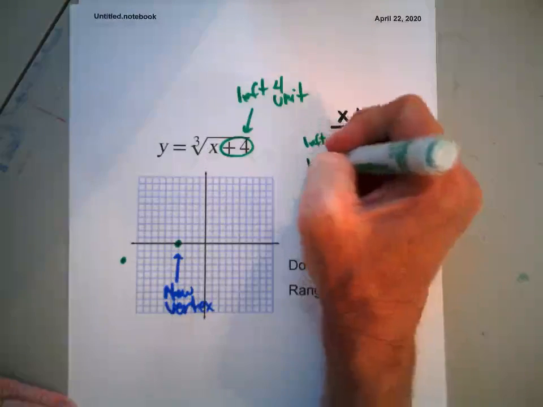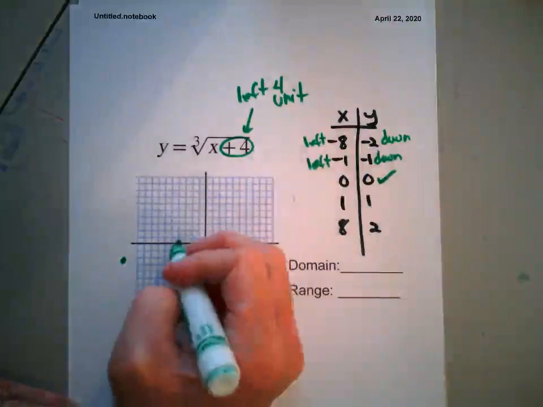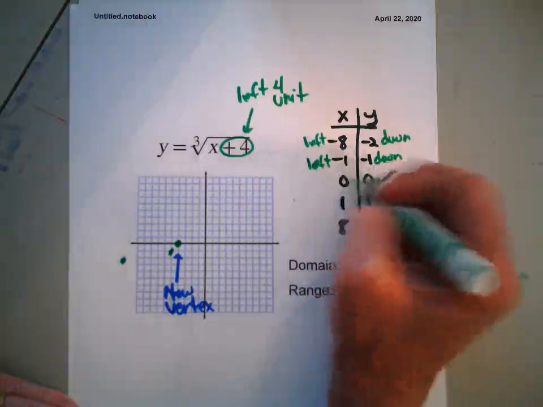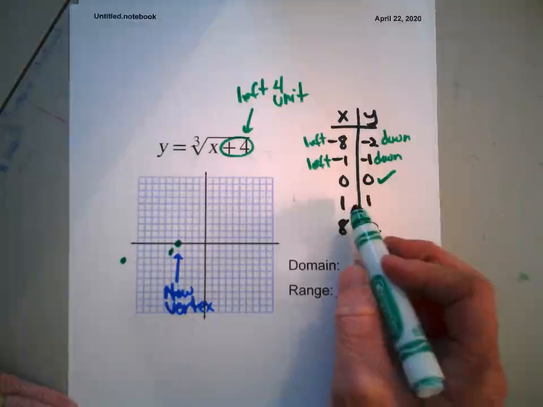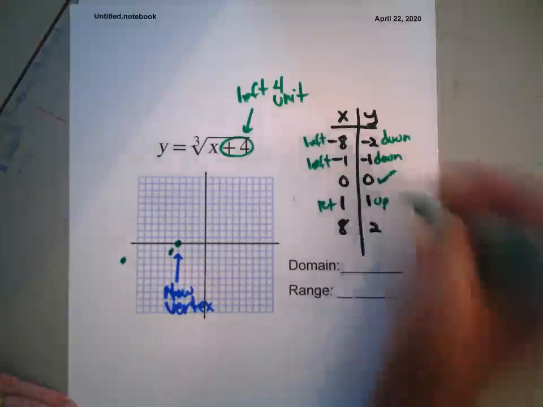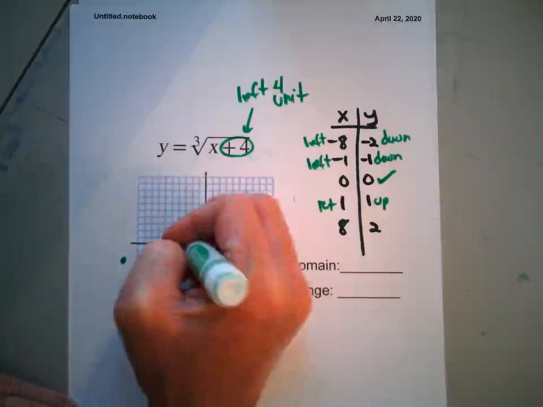Then we'll go left 1, down 1. Put this right there. This is the vertex that's already graphed. So we go to 1, 1, which is right 1, up 1. So from the new vertex, right 1, up 1.